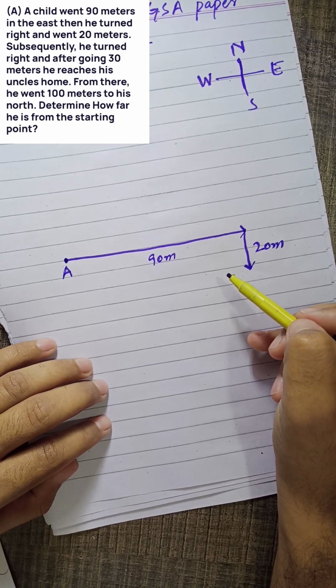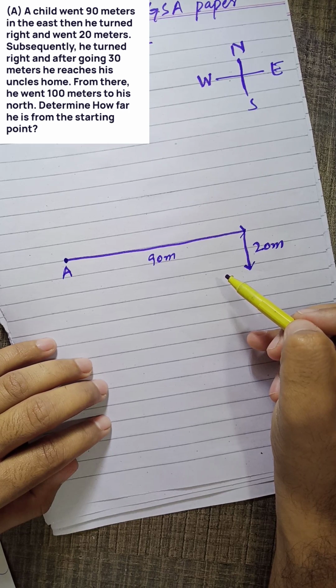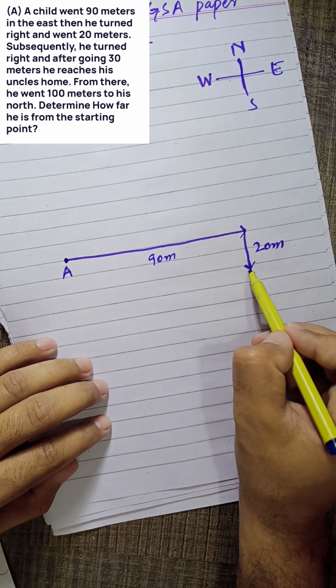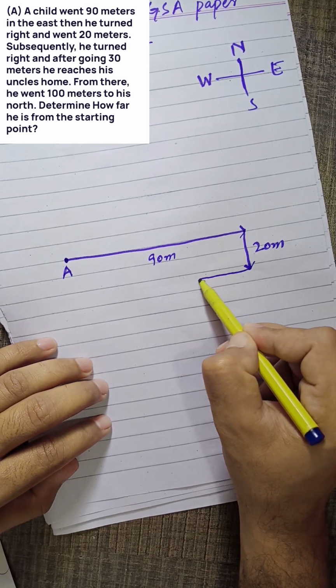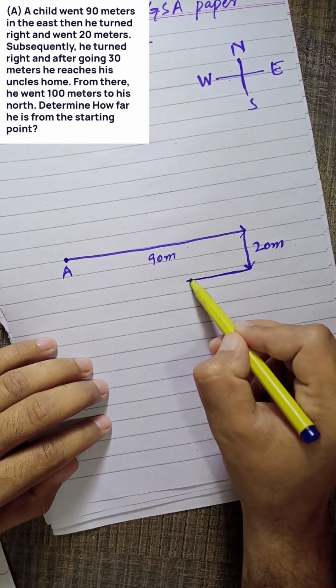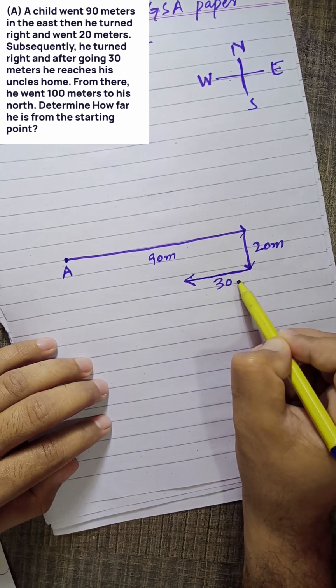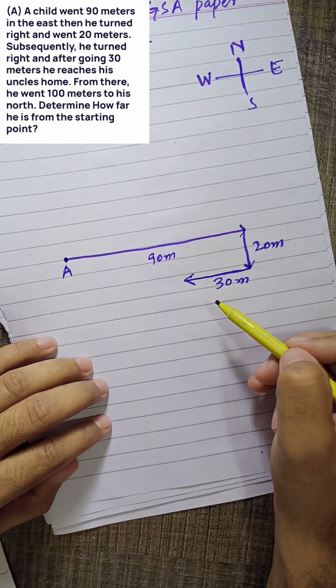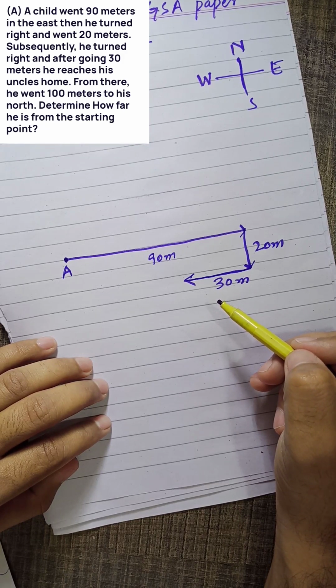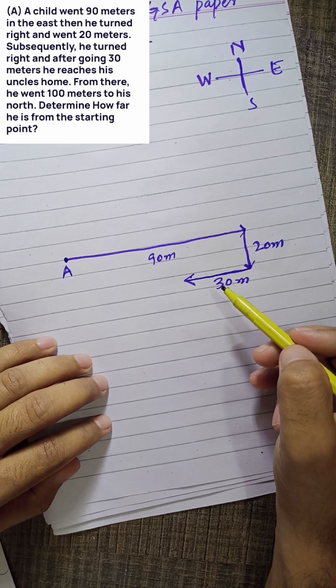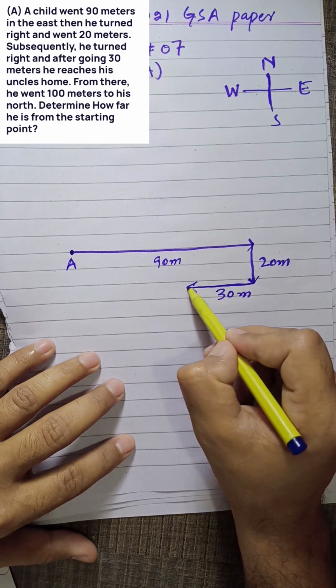Subsequently, he turned right and after going 30 meter, he reached his uncle's house. So he turns right and goes 30 meter from here and reaches his uncle's house. From there, he went 100 meter to his north. Now from this point, he goes 100 meter towards his north.